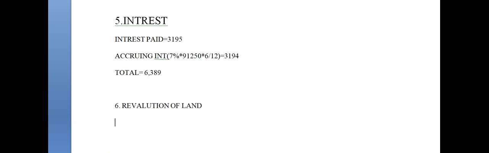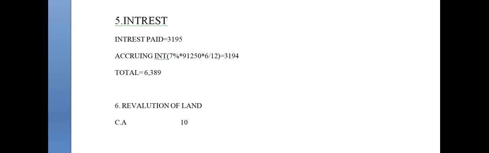What is the cost? Or let's use carrying amount, because land does not depreciate. Carrying amount 100,000.